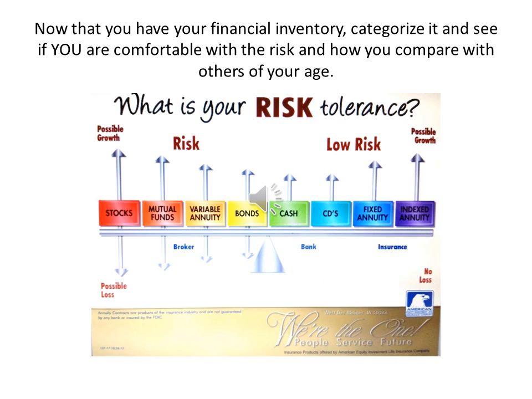Once you have a dollar total above each of these categories, I want you to total everything on the right side of the scale, the CDs, the cash, the fixed annuities, and indexed annuities, and write a total on the right-hand side. Do the same for the risk side, adding up your stocks, mutual funds, variable annuities, and bonds. Put that number on the left.